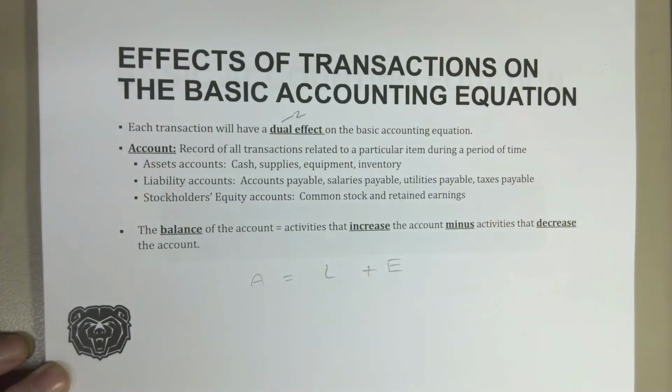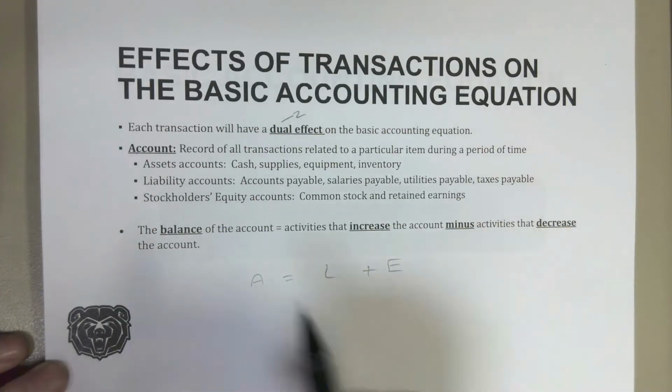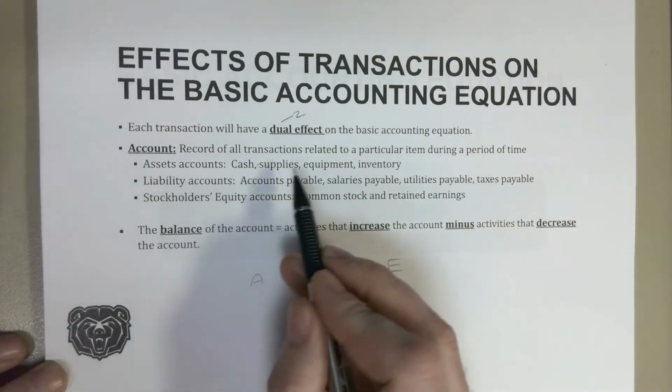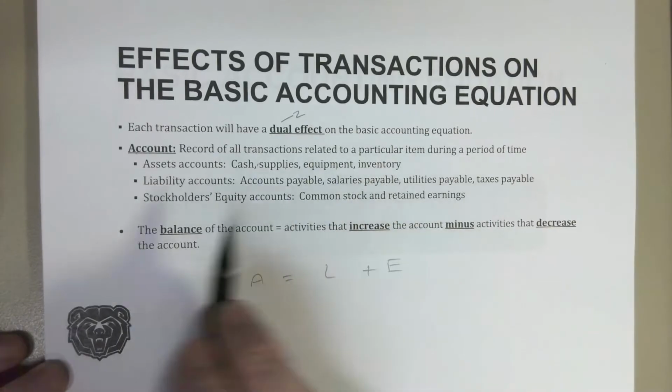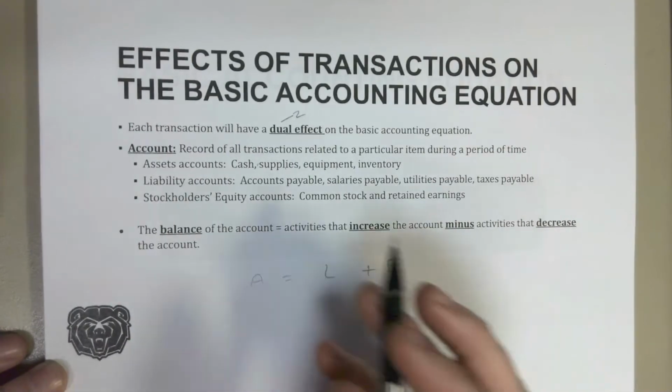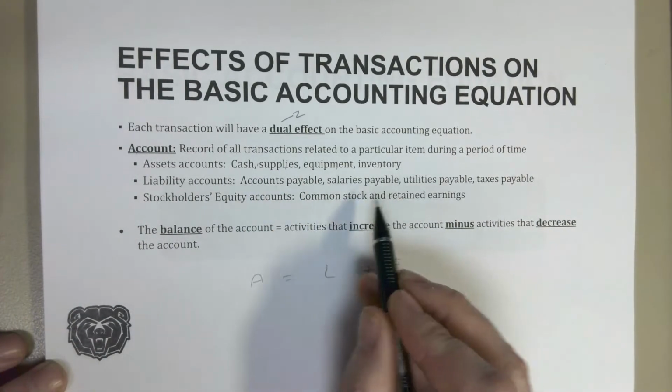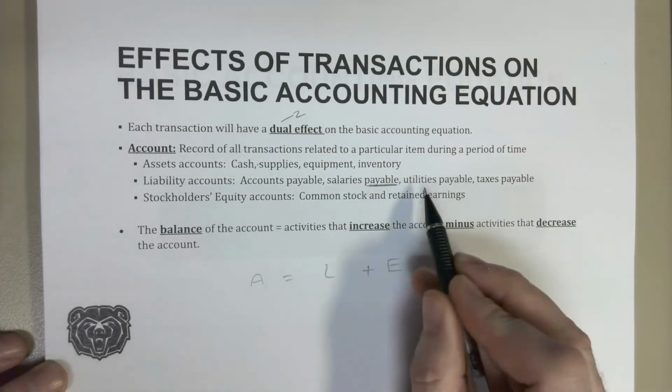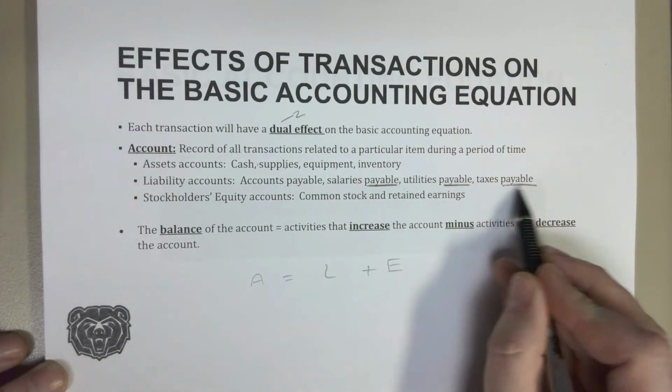Okay. So you're going to need to know some things when you're recording these transactions. You're going to need to know the account. We record all of our transactions related to a particular item during a period of time. Some sample asset accounts are cash, supplies, equipment, inventory. Those are all assets. Liabilities, like I told you guys, are going to be your accounts payable, your salaries payable, your utilities payable, your taxes payable.